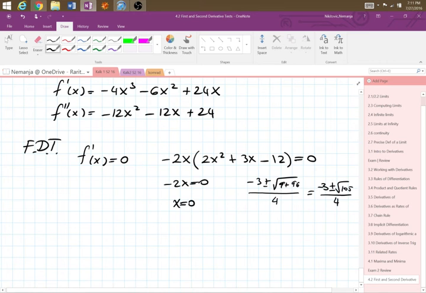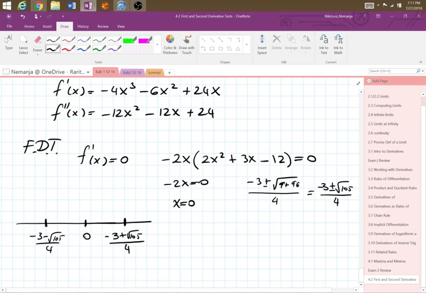Those are the values. Now, I really don't need to know how much all this stuff is, because I'm just partitioning. So I have negative 3 minus square root of 105 over 4, then I have 0, and then I have negative 3 plus square root of 105 over 4.